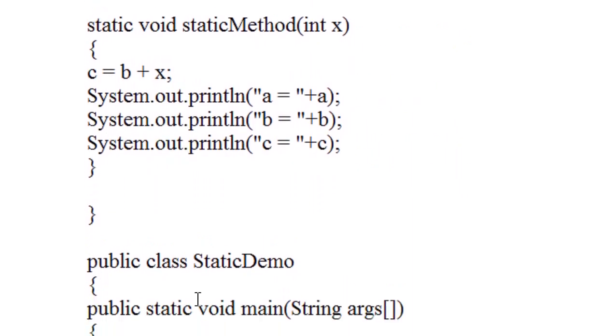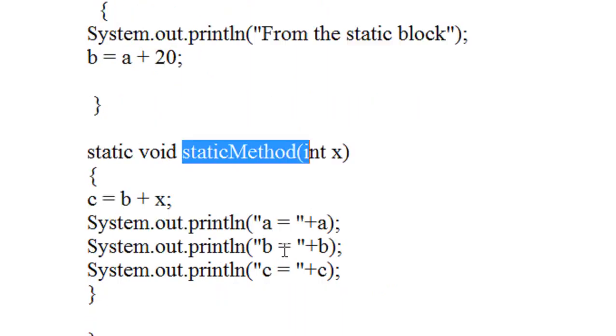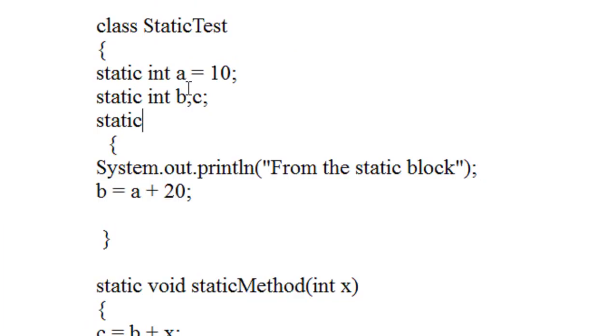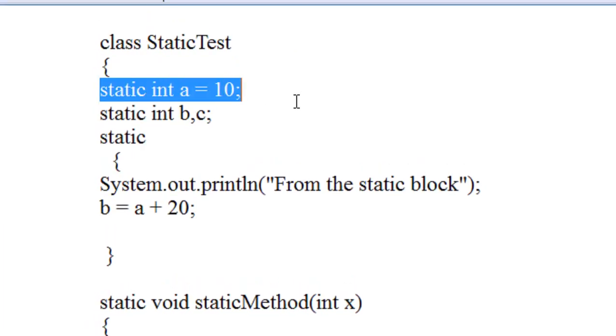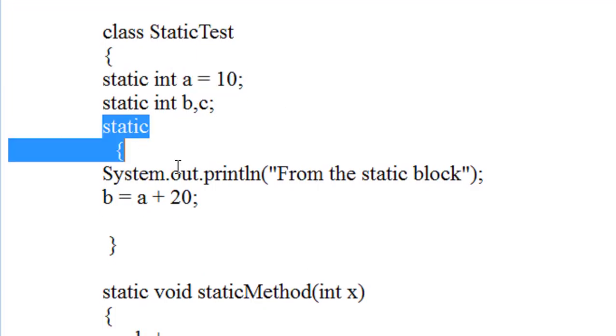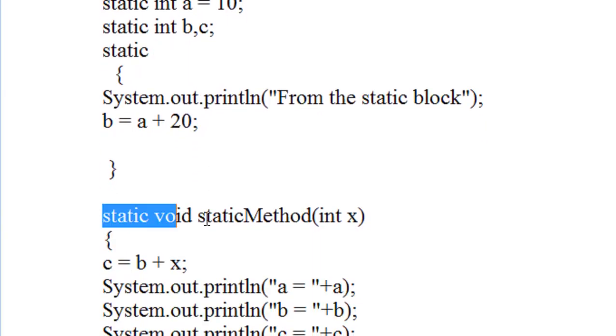Whenever we invoke this method by using the name of that class, the class is going to be loaded. First all the static data is initialized, that means a is initialized to 10. Then this static block will execute, and then the called method.